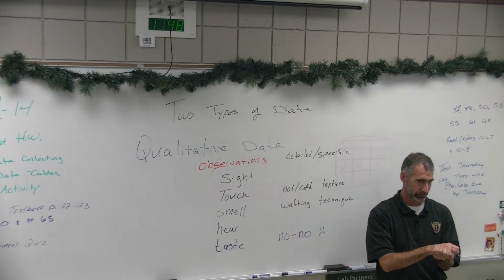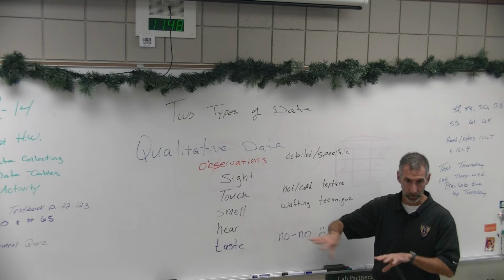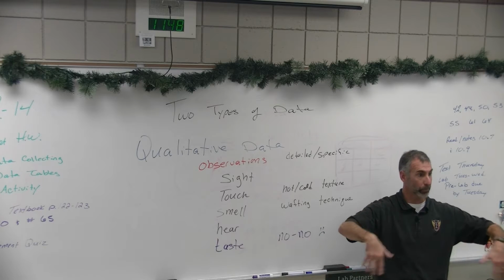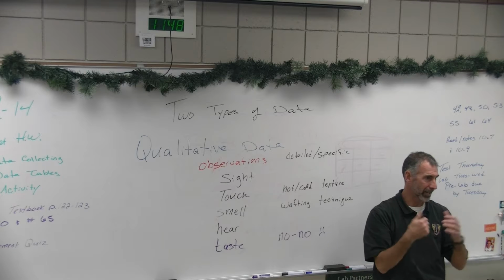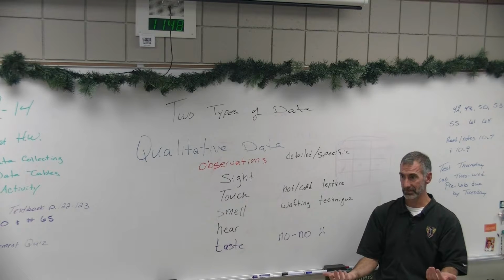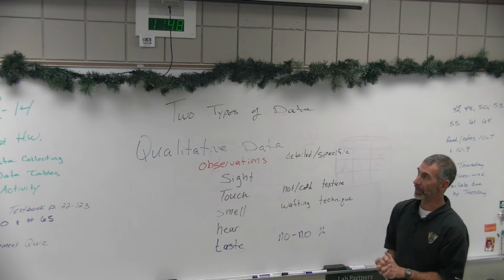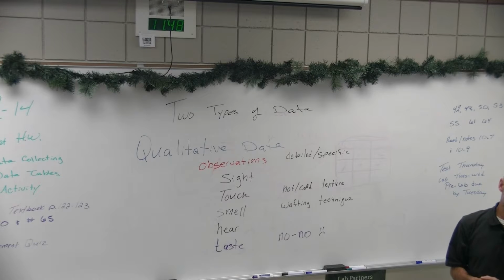Not only are you recording what you're working with, but who you're working with in the process. So if you're filtering something and your filtrate becomes cloudy, that is an observation. Now I will tell you that with the labs that we do, you need to be within a 5% error. If you're outside of that 5% error, you get docked points. And I understand that labs don't always go well.